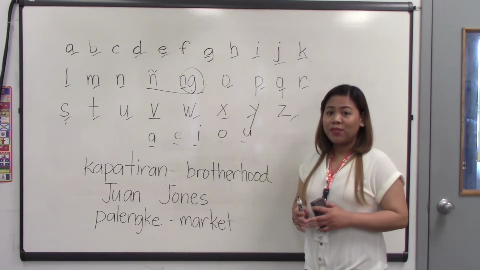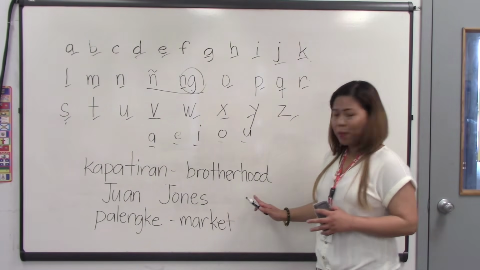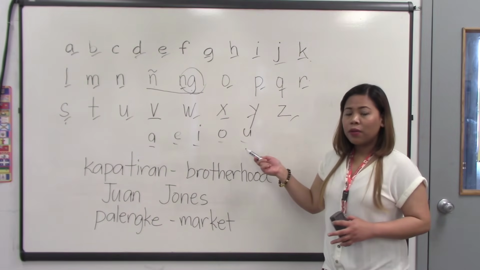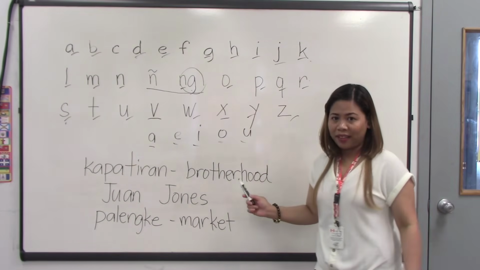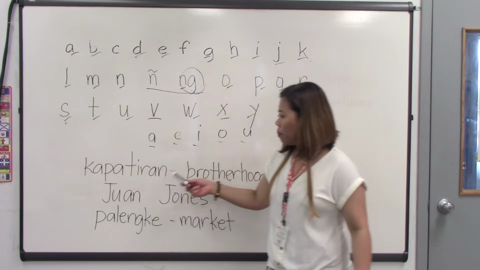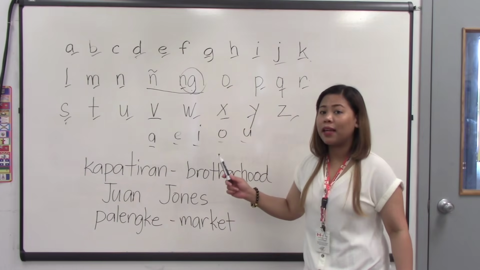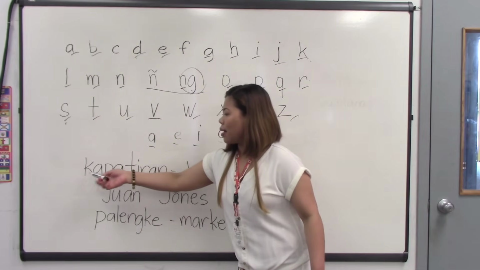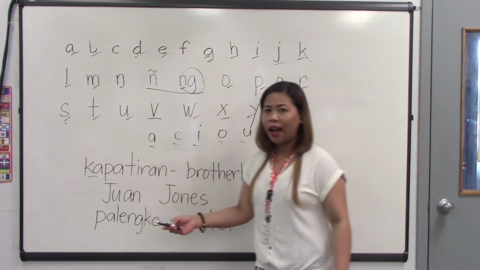Now let's practice reading some words here that I prepared for you. Try to pronounce the vowels correctly and the consonants correctly. This is a bit long, but it'll be easy if you syllabicate it properly. So K and A is ka. Can you try it? Ka.